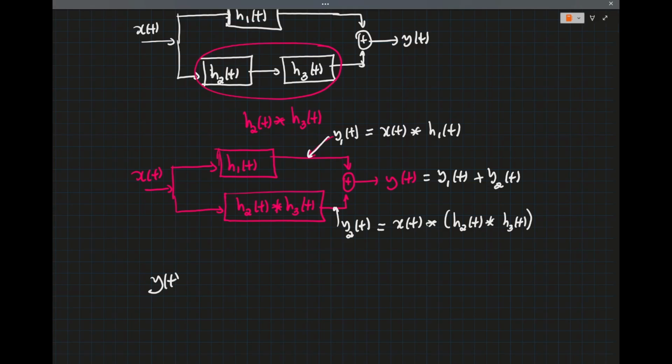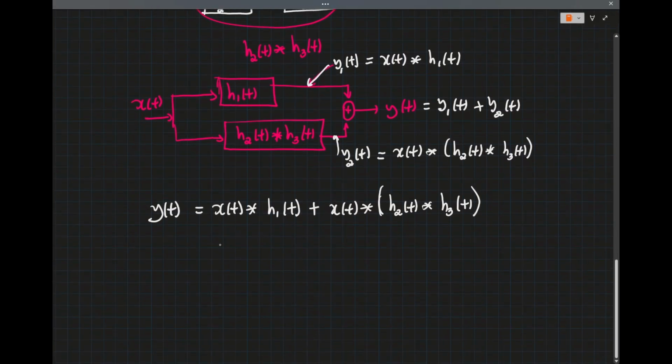So we have y of t, which is x of t convolved with h1 of t plus x of t convolved with h2 of t, which is also convolved with h3 of t. We use the distributivity of the convolution over addition, so we can pull the x of t out.